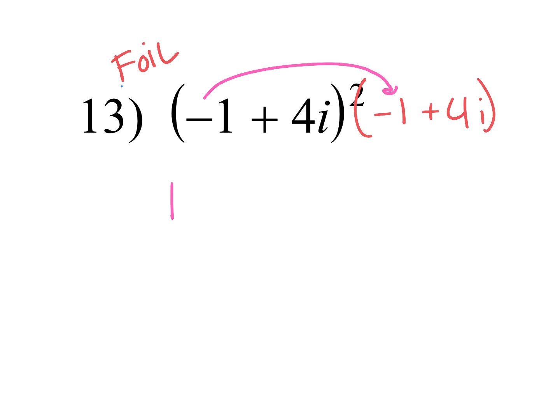What are the outsides? We're foiling: first, outer, inner, last. So what are the outsides that we multiply? The negative 1 times 4i. What's negative 1 times 4i?